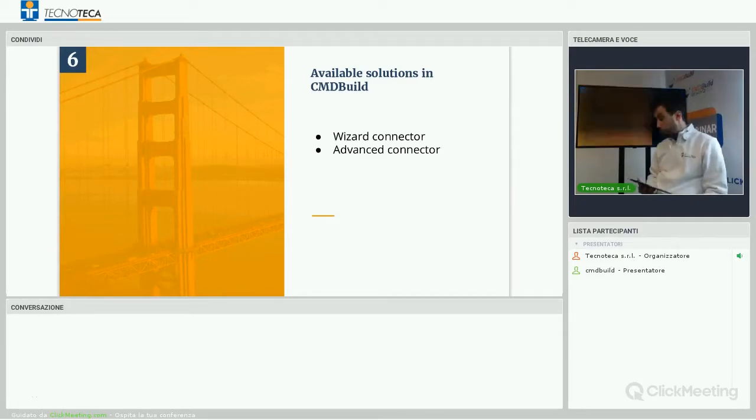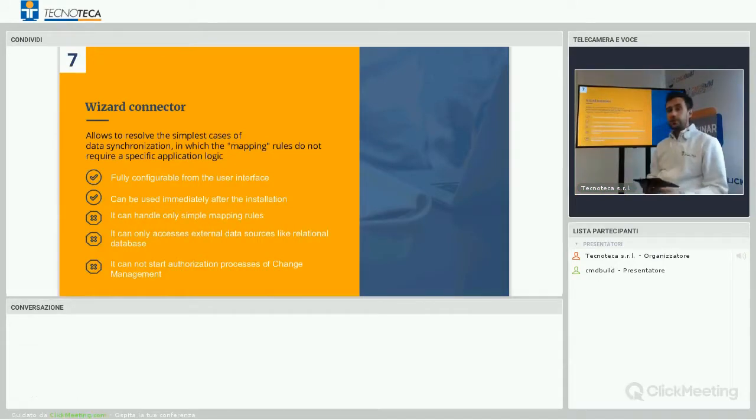So going on, the Wizard connector is extremely useful when you have a very simple case of data synchronization. When your mapping rules do not need specific application logic, the Wizard connector is extremely easy to configure and you can create your workflow in very few steps. It is fully configurable from the UI. It can be used immediately after installation.